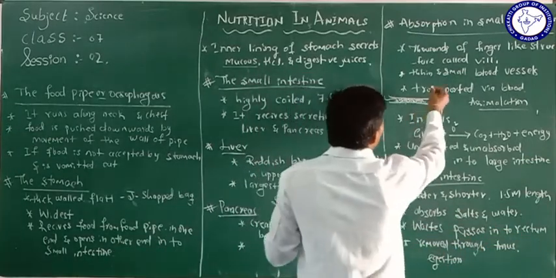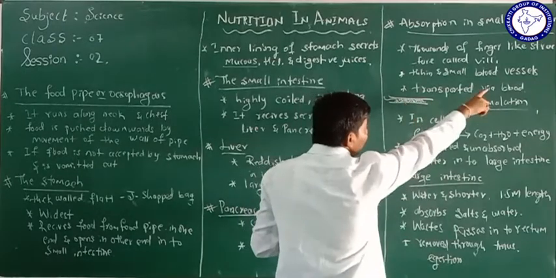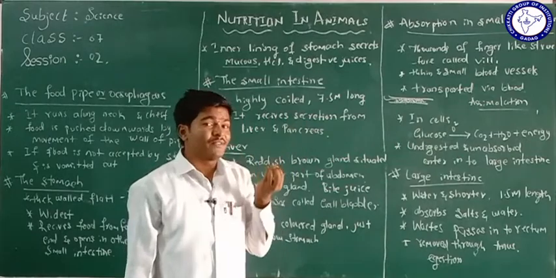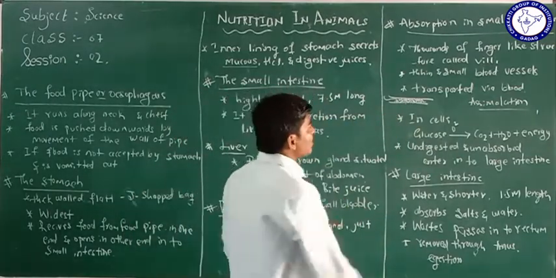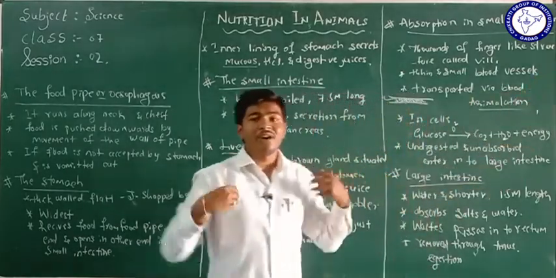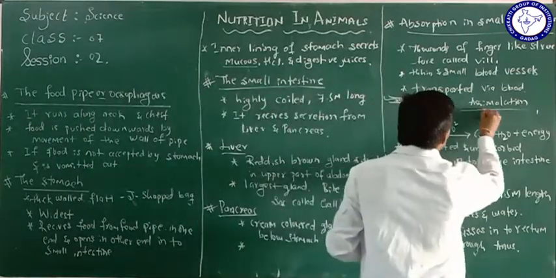The villi have small blood vessels. Those blood vessels absorb the food materials, which are mixed with the blood cells and transported using the blood towards all the parts of our body, all the cells of our body, and this process is called assimilation.